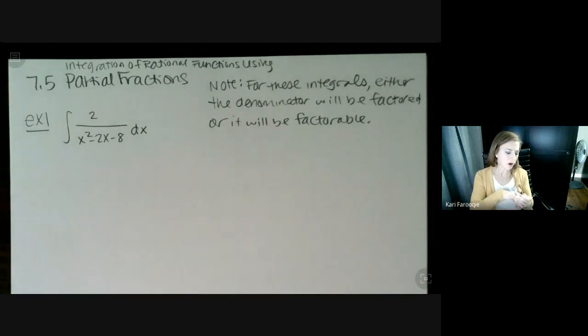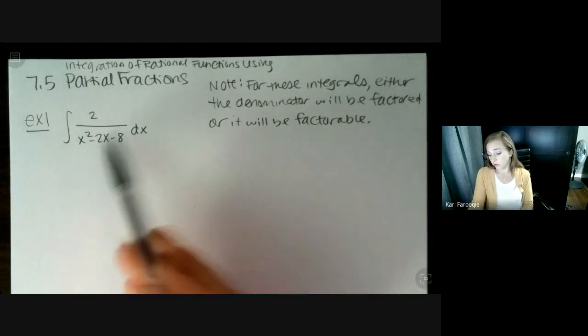I mean, some of the parts, I guess, as long as you saw two different functions being multiplied together, you kind of had an idea that you were in integration by parts. But other than that, some of these were really hard to recognize, like, what do I do? Where do I start? A lot of these, the denominator will already be factored. If it's not, see if it's factorable.